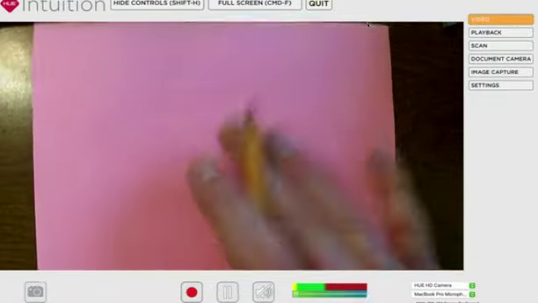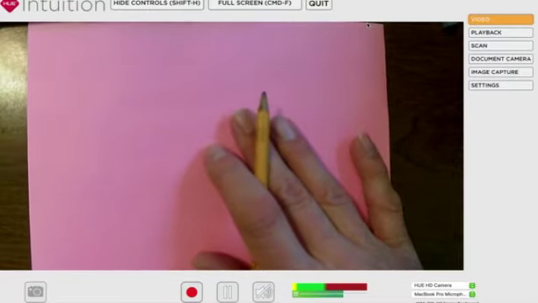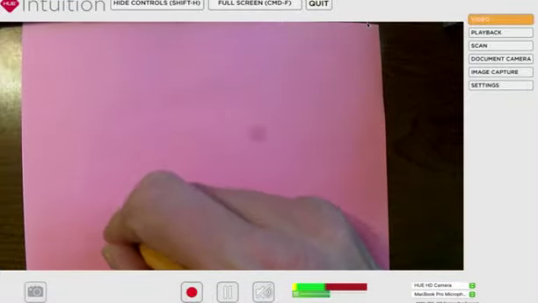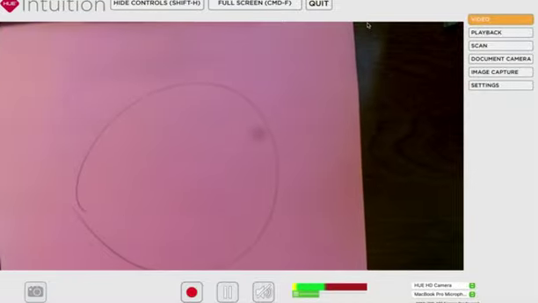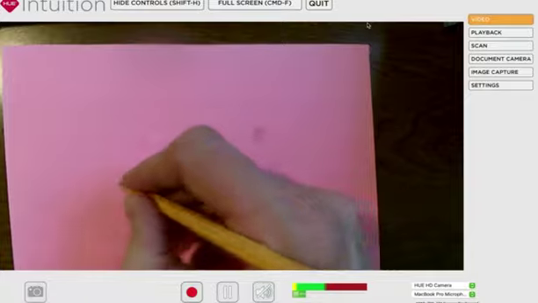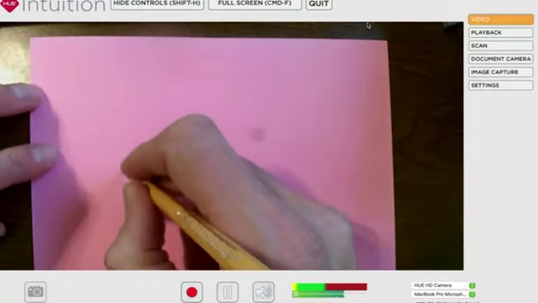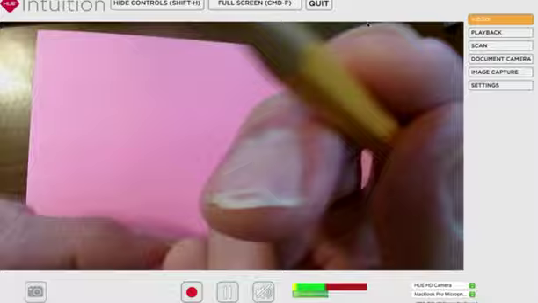So here's the thing. This is going to be the hardest part of today's lesson. We need a circle. There are one of two different ways you can do it, and neither of them is particularly easy. Method number one is that you just freehand a circle and try to do it as best you possibly can. Some people like to put their hand down so they can rotate on their pinky knuckle.